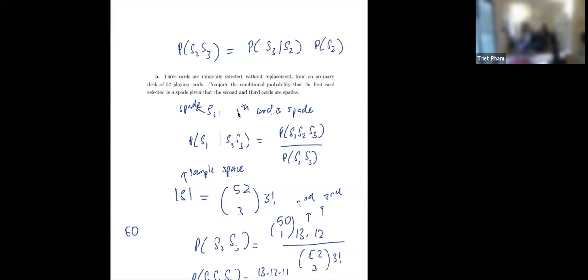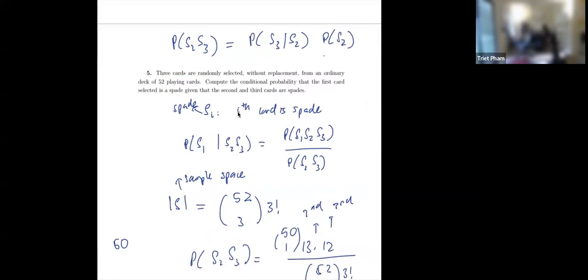What's the probability the second card has a spade? If you just look at the second card and think that it is a spade, that's 13/52. And then conditioned on the second card being a spade, the probability the third card is a spade would be 12/51.